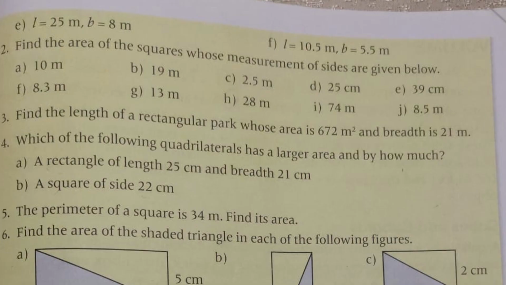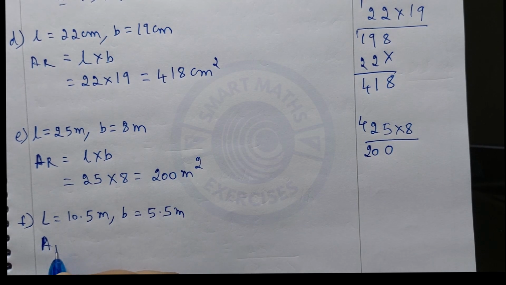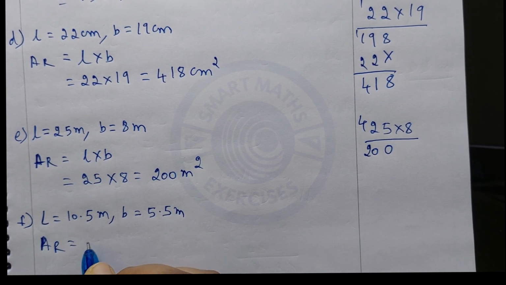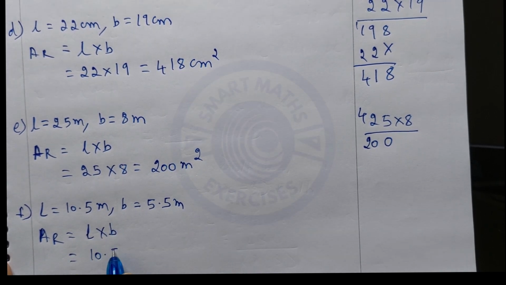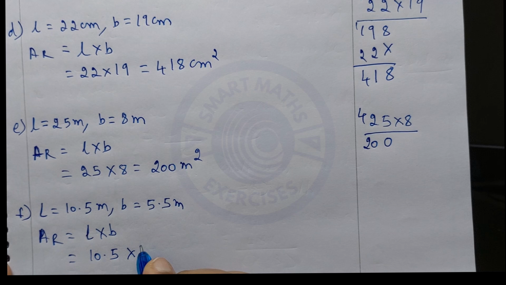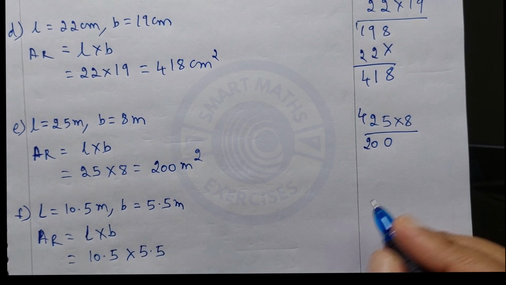Next question, L equals 10.5 meter, B equals 5.5 meter. Area of rectangle equals length into breadth equals 10.5 into 5.5.